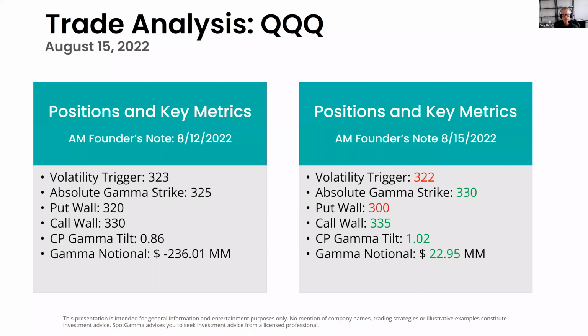So what this slide is doing is comparing the levels and metrics that I talked about, the four key gamma levels, as well as the CP gamma tilt and gamma notional for August 12th, that's the previous day, and that's a Friday, versus the day of the trade, and that's Monday, August 15th.